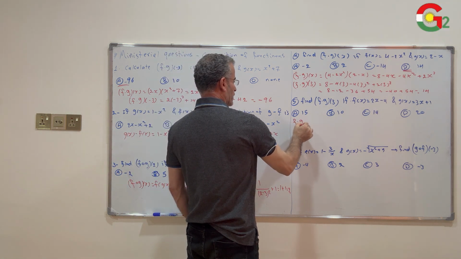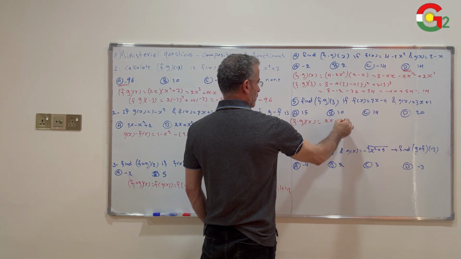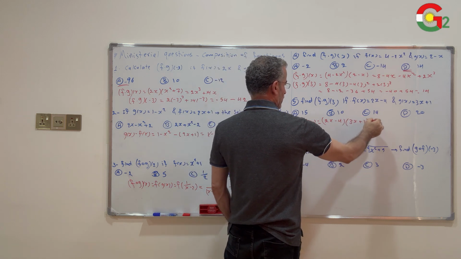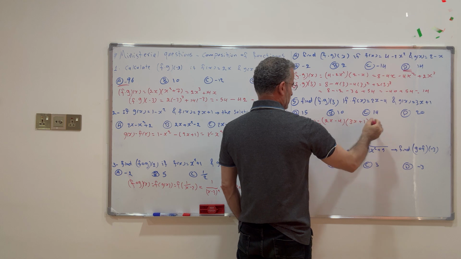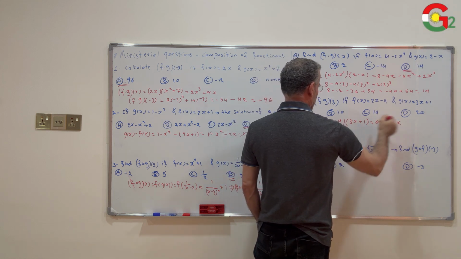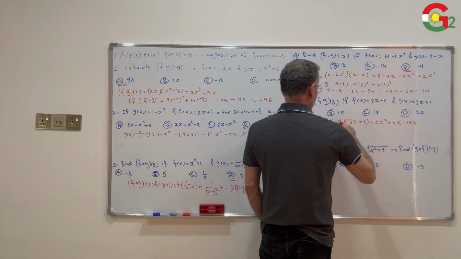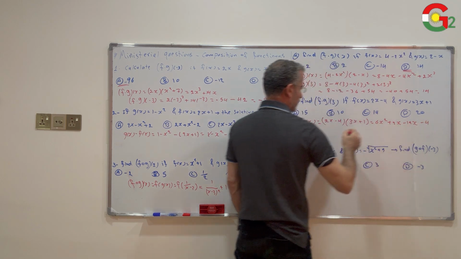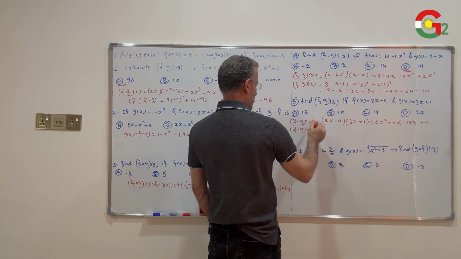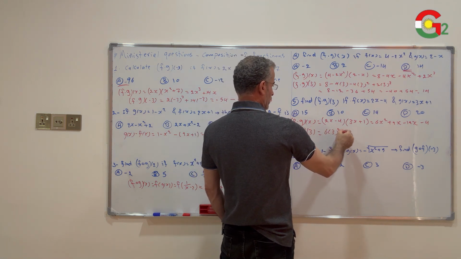F dot g of x equals f of x, 2x minus 4, times g of x, 3x plus 1, equal to 2x times 3x, 6x power 2, 2x times 1, 2x, negative 4 times 3x, negative 12x, negative 4 times 1, negative 4.